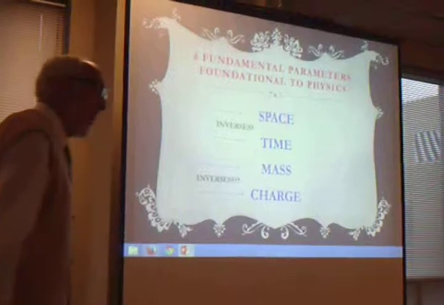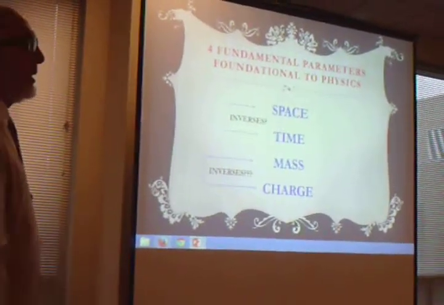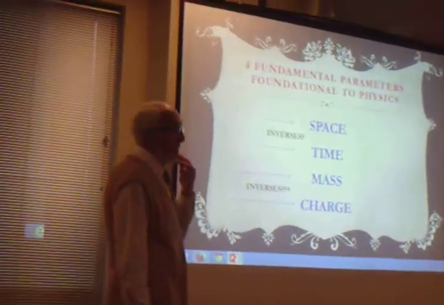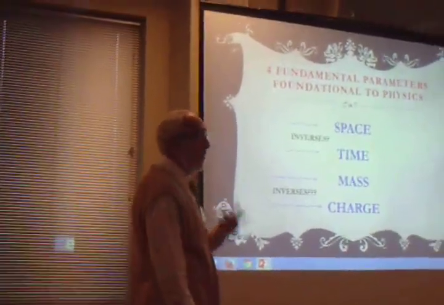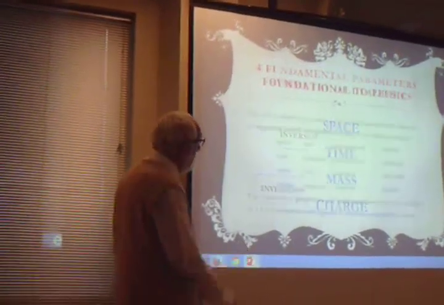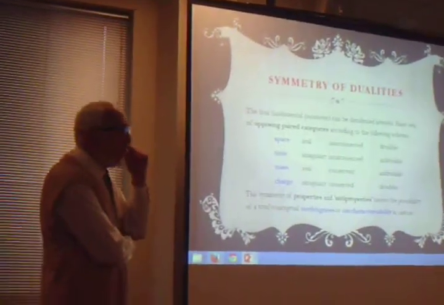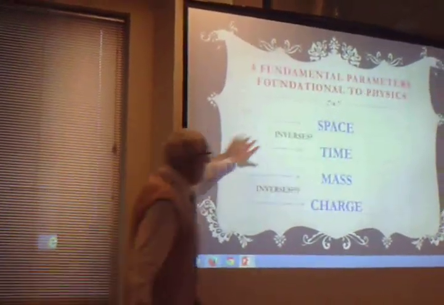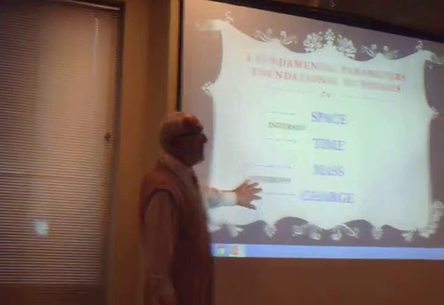Okay. Now, I don't know why you don't say it, but I think it whenever I read your work, that space and time are inverses of each other. You've essentially characterized them as property, anti-property, but you don't say this.